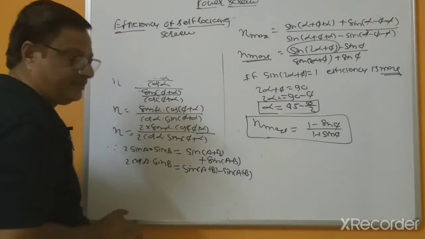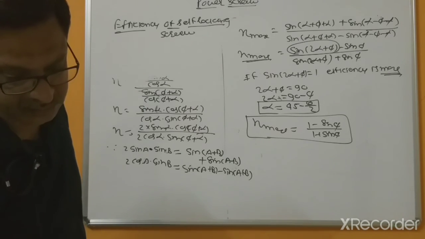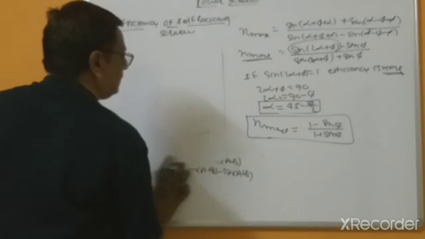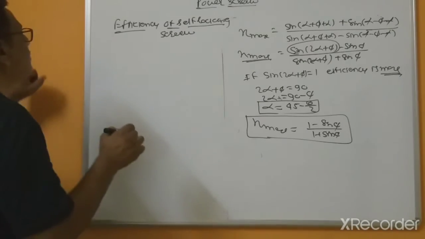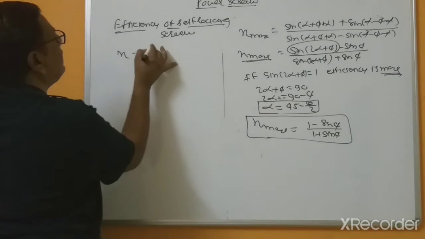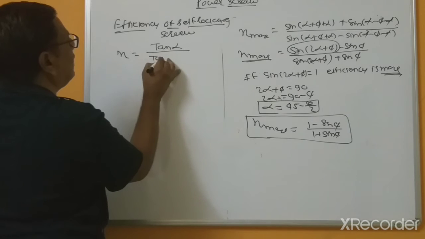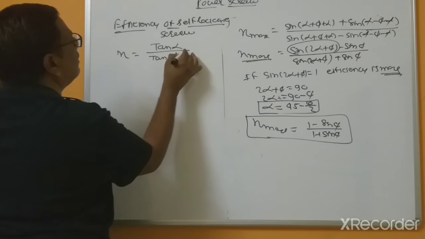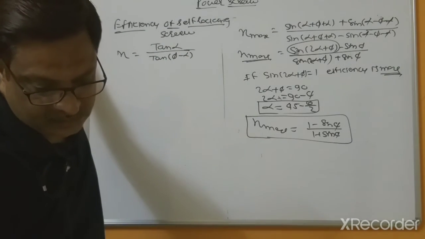This is equal to... so when this efficiency is self-locking, as you know, the efficiency of the power screw is calculated by using tan alpha divided by tan phi minus alpha.